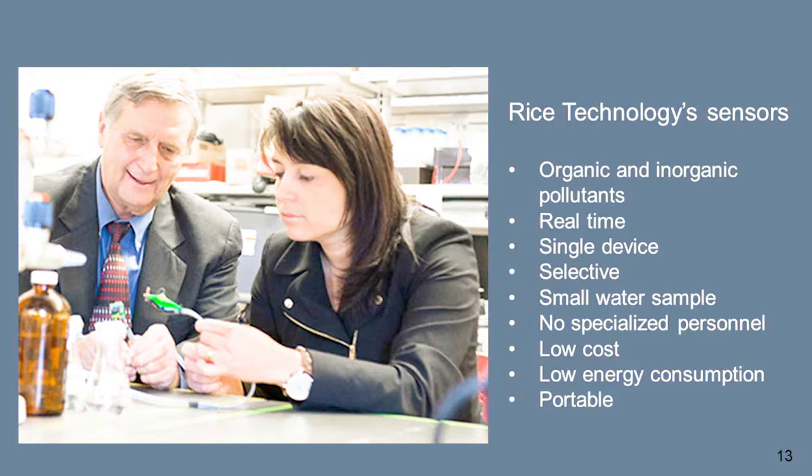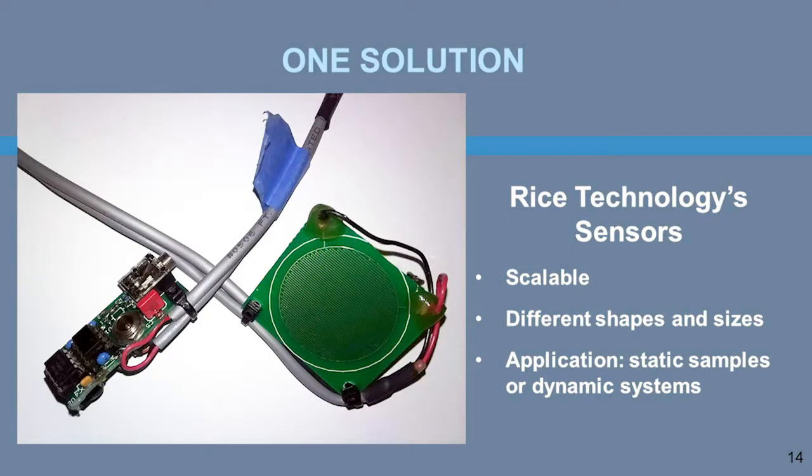There's just a need for a small sample of water. No specialized personnel are needed to operate the equipment, it's very low cost, low energy consumption, and it's portable. Rice sensor is one solution to all the environmental, medical, and a variety of industrial applications we have presented here.